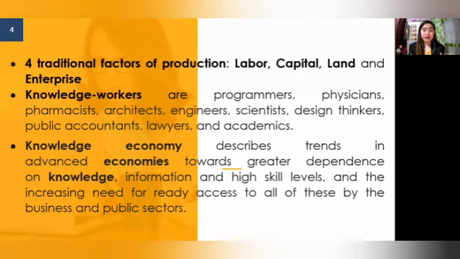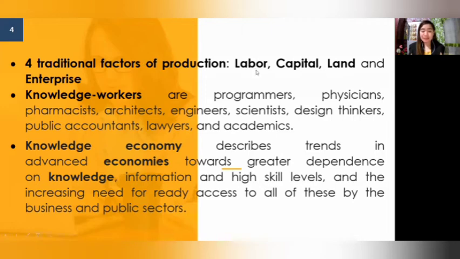Then we have four traditional factors of production, namely labor, capital, land, and enterprise. Land is simply the natural resources available for production. Enterprise is the organization and undertaking of production.